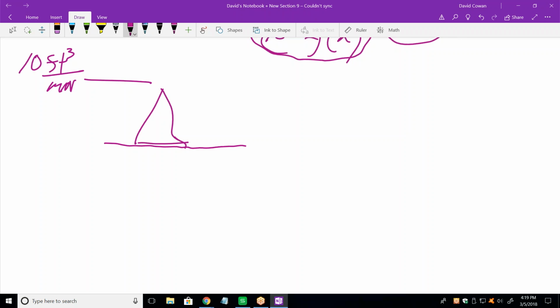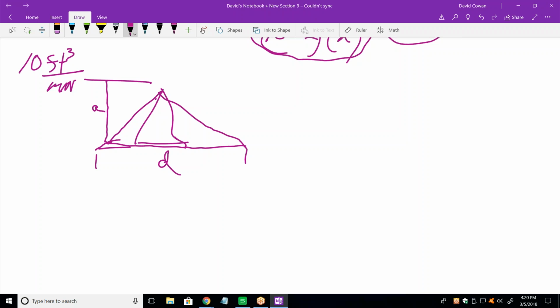That's what it said. So it looks more like this. That's the altitude. That's the diameter of the base. And then it asks, at what rate is the height of the pile changing when the pile is 12 feet high? And then it also gives you the formula for the volume of a cone.